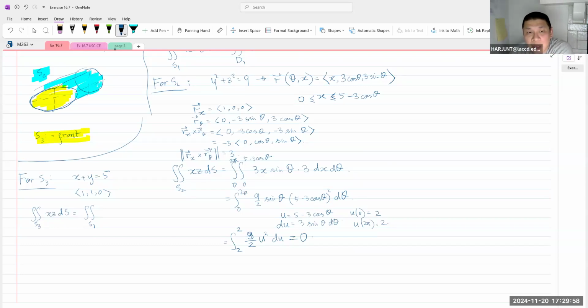The x then becomes 5 minus y, times z, okay, and then dA.